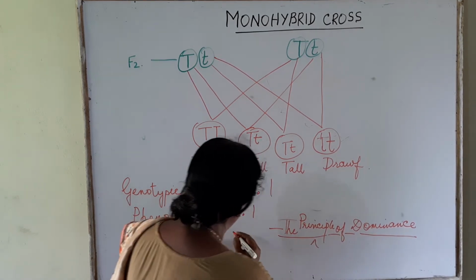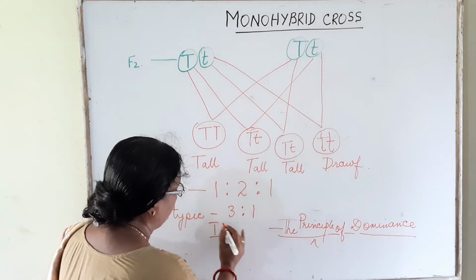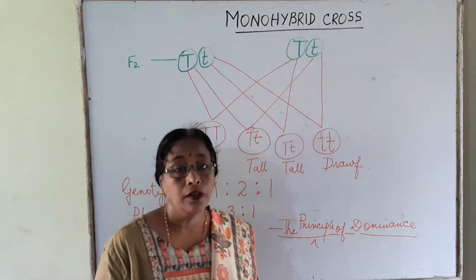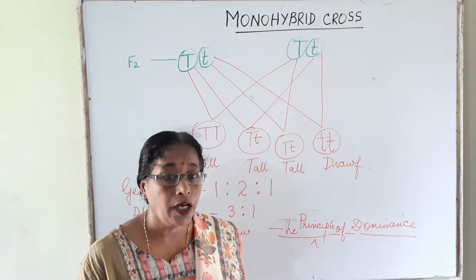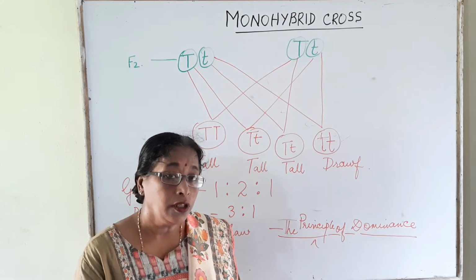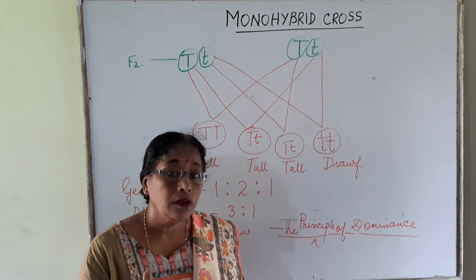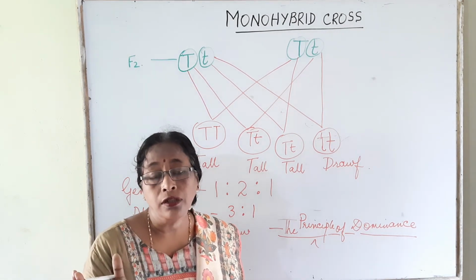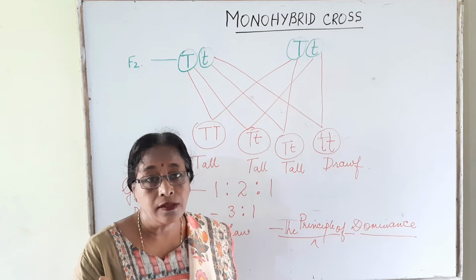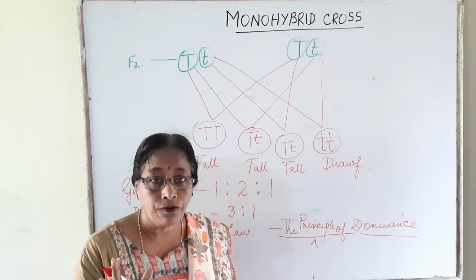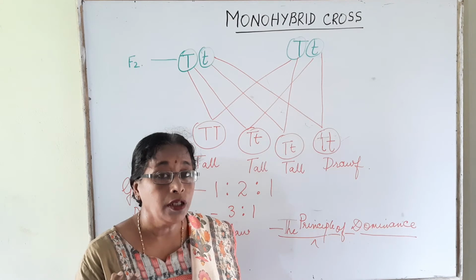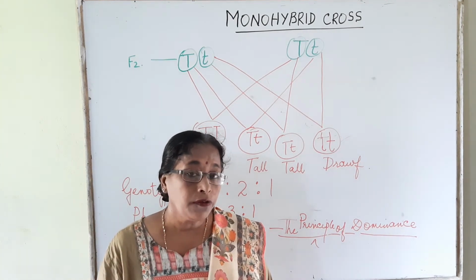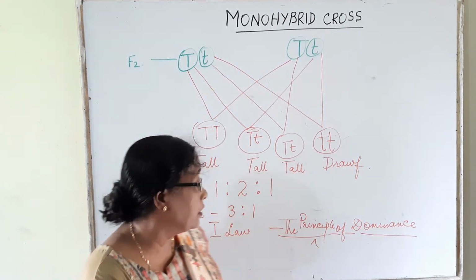It states that when a cross is made between a pair of contrasting characters in the F1 generation, the character which dominates the other is known as the dominant factor, and the character which is hidden, or recessive, stays hidden in the F1 generation but reappears in the F2 generation.